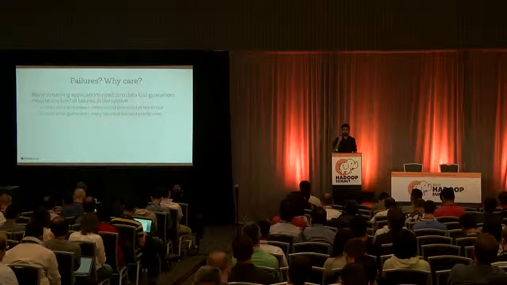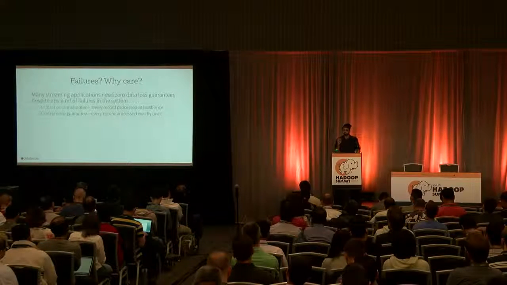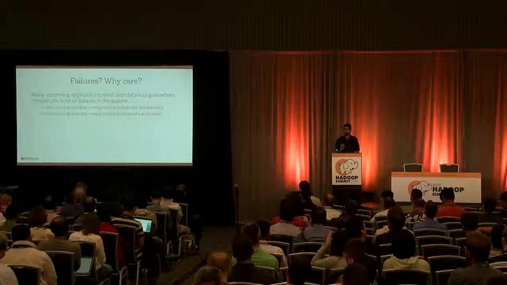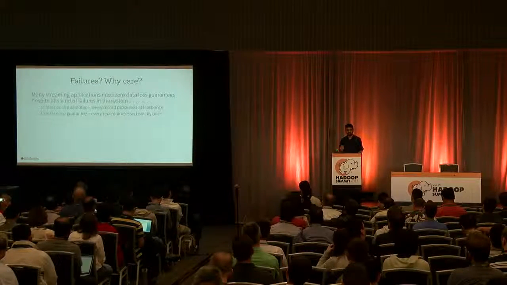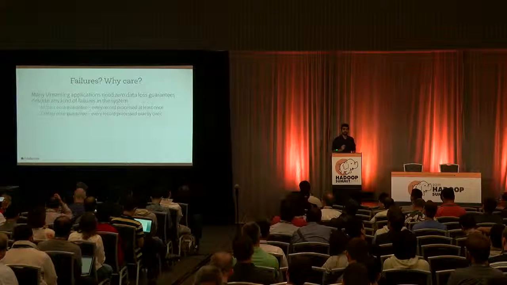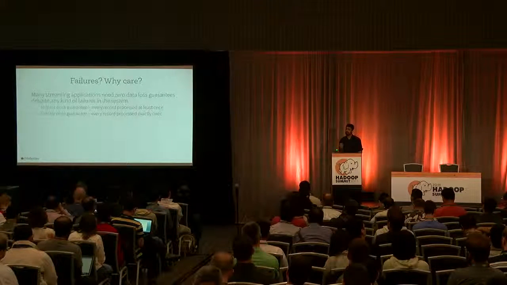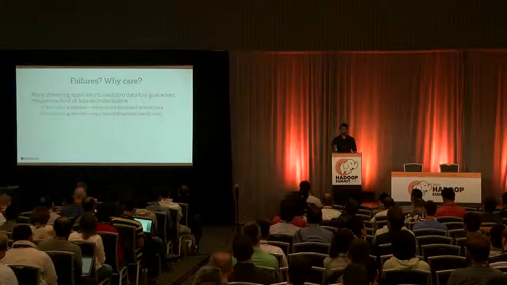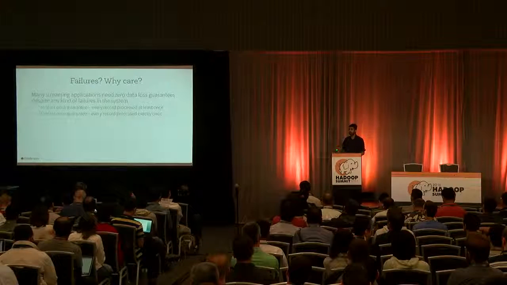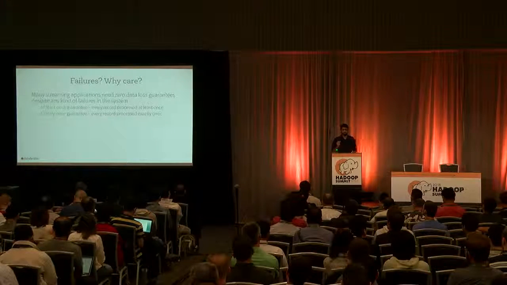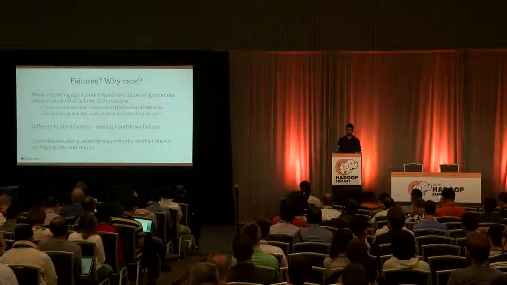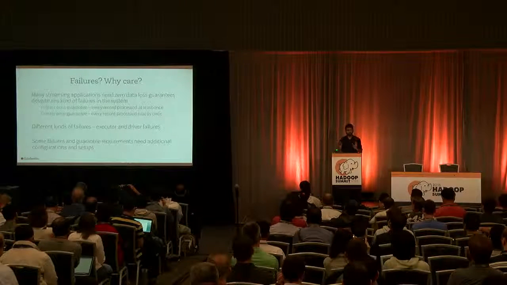Depending on that, there are essentially two kinds of guarantees that different applications often want. One is the at-least-once guarantee, that every record in the stream be processed at least once, and the other is the exactly-once guarantee, which, as is obvious from the name, means every record must be processed exactly once, no more, no less. Now there can be different kinds of failures in the system.